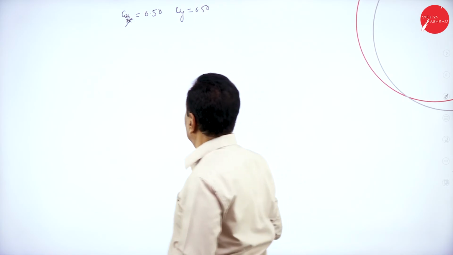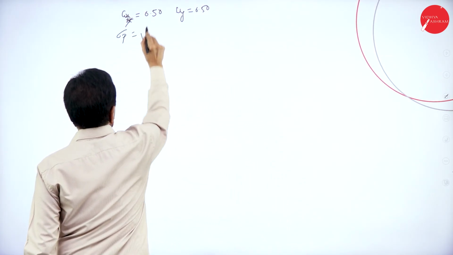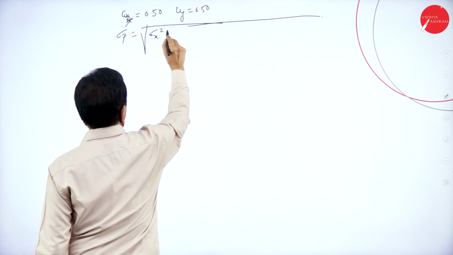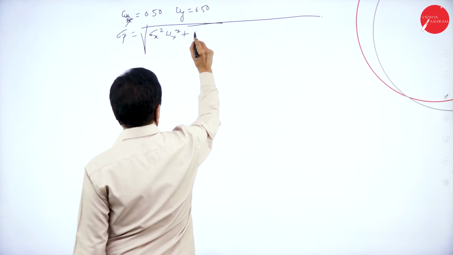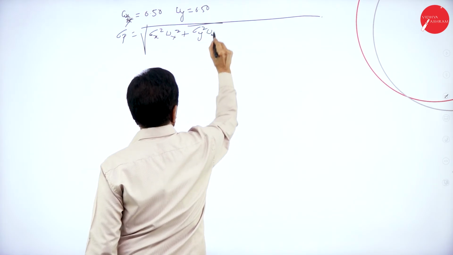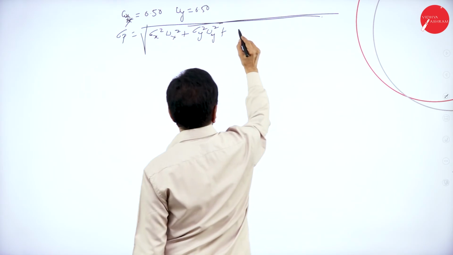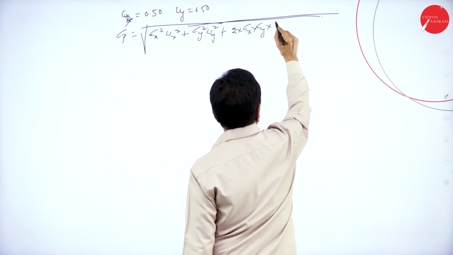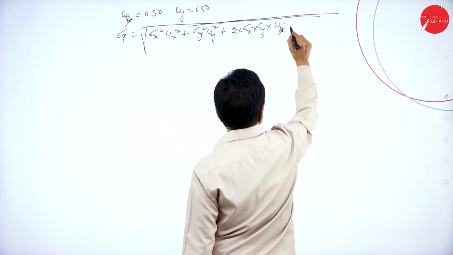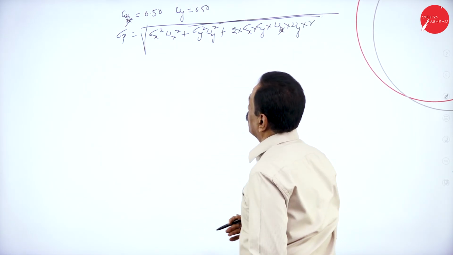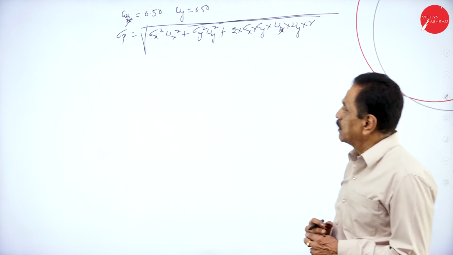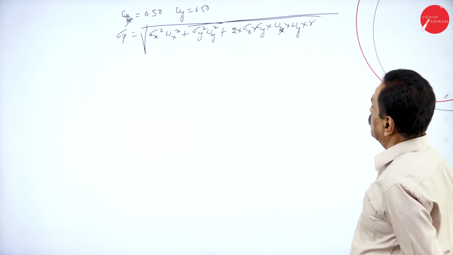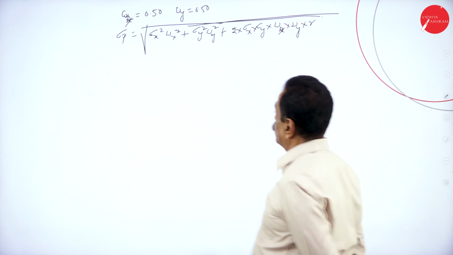Then risk of portfolio, root of standard deviation x square WX square, standard deviation y square WY square, plus 2 into standard deviation x into standard deviation y into W of x into W of y into R. Formula remember, the correlation.